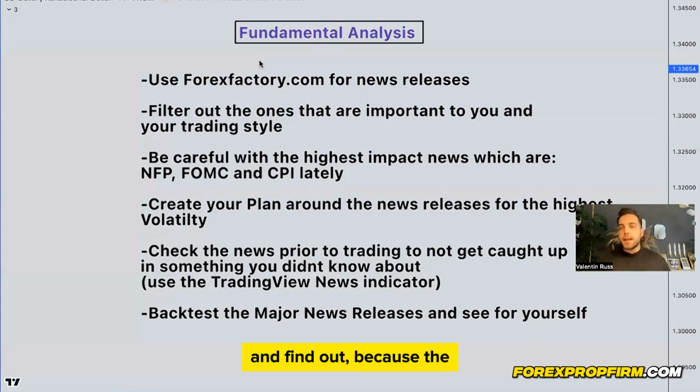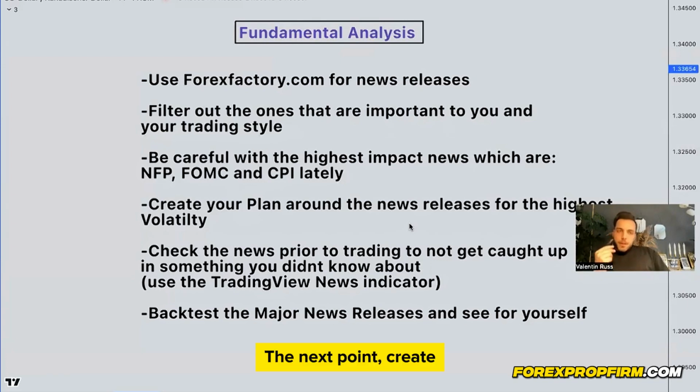Backtest it for yourself and find out, because the market is accumulating prior to a big news release like this. And what happens most of the time, you're going to see a stop run of the consolidation you were in, and then an expansion for the news release itself. So backtest it for yourself and find it out, okay?